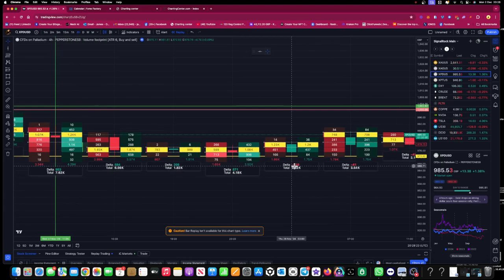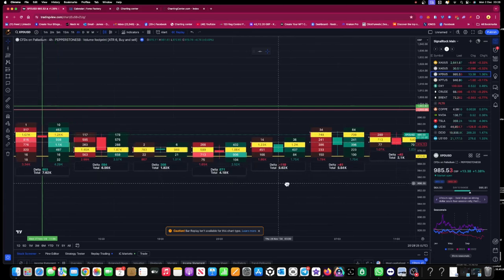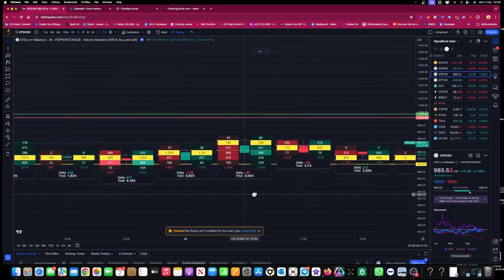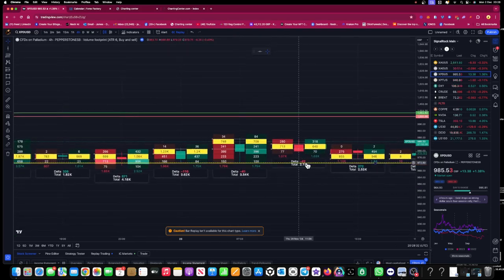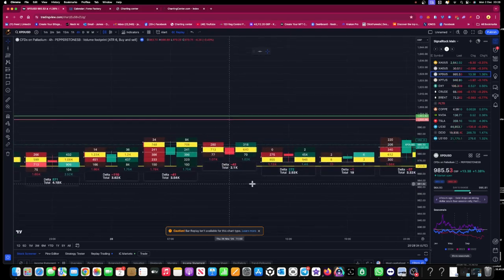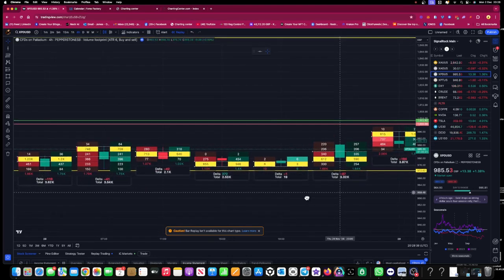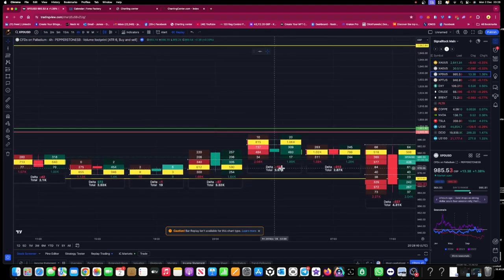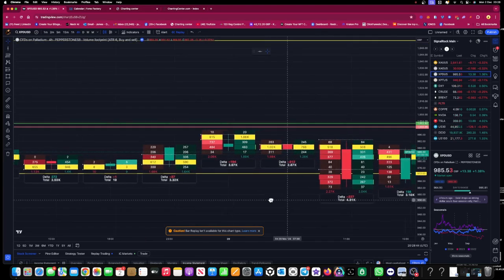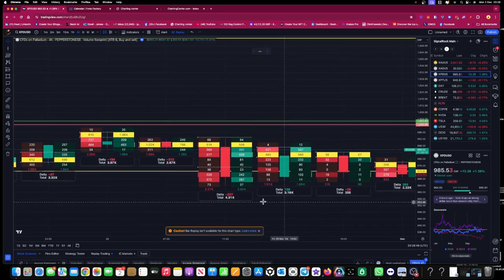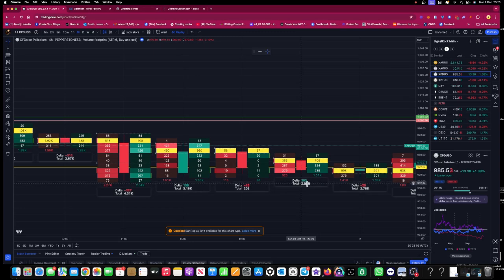Here we've got a few more sellers again. And then here we've got about break even, more or less, between sellers and buyers. Here, about break even. Here you've got more buyers, break even, more sellers, then we're down here, more sellers, and then we're back to buyers again, buyers.